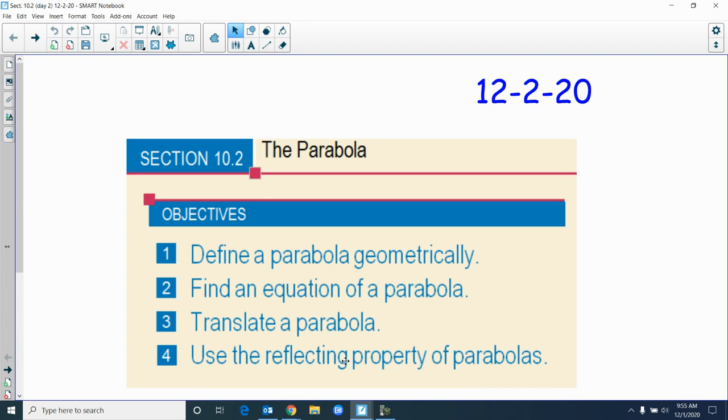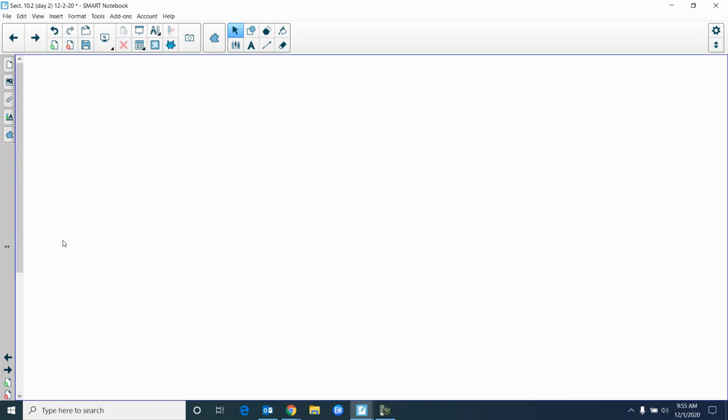I do want to talk about a couple here. If you came across a couple of terms on your homework that I probably did not touch upon enough, for number 23, they talk about the axis, the axis of the parabola. In the homework they talk about the axis, and then they talk about the focal diameter, which starts with number 29.